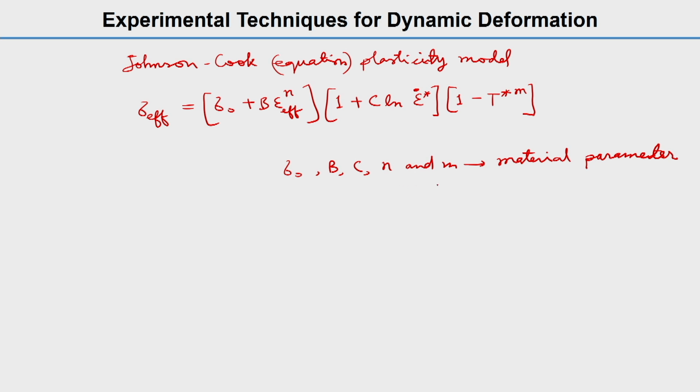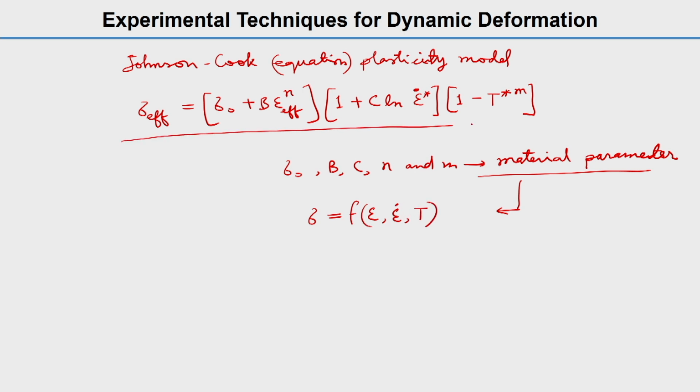These parameters allow us to get the constitutive relation, that means the stress dependence on strain rate and temperature. In this Johnson-Cook model you can see it has both strain rate and temperature terms.